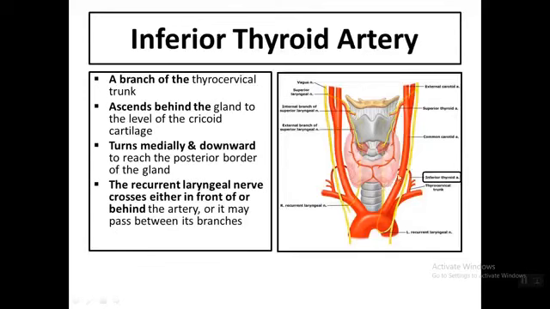The nerve accompanying the inferior thyroid is the recurrent laryngeal nerve. It either crosses in front of or behind the artery, or it may pass between its branches. There is a close relationship between the inferior thyroid artery and the recurrent laryngeal nerve. This is important in operations on the thyroid gland.